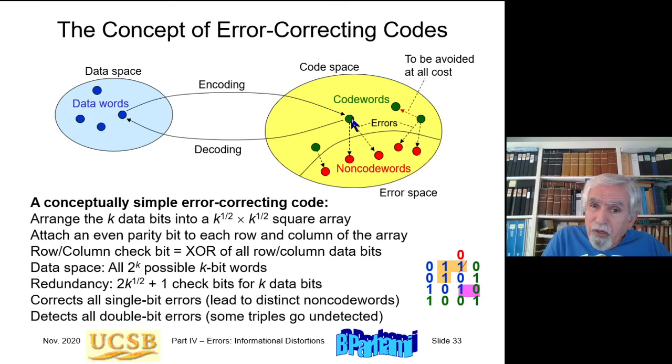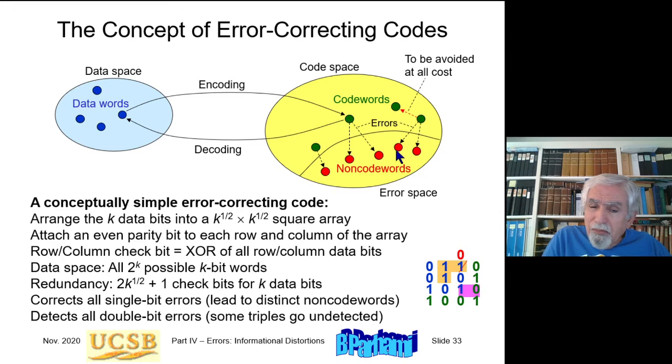If a code word changes to a non-code word, and this relationship is not many to one, in other words, multiple code words are not mapped to the same non-code word as a result of error, then we can go back and correct the error.